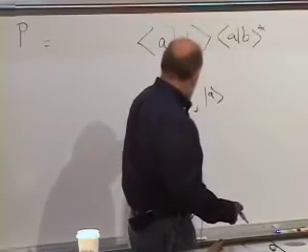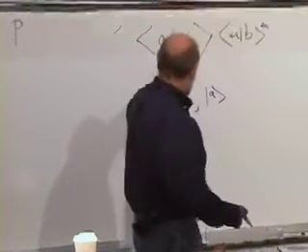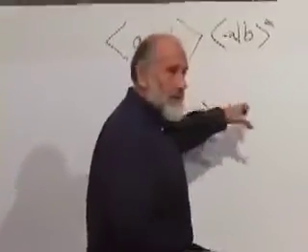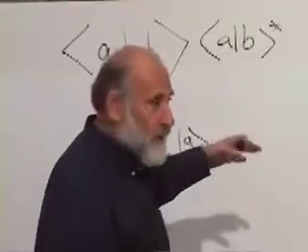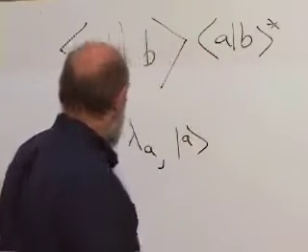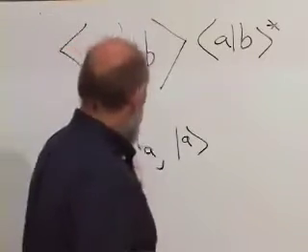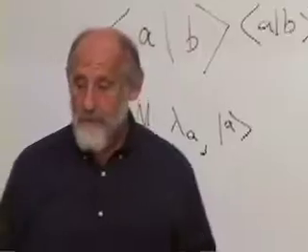Then the probability that you measure lambda A will be the inner product between B and A times its complex conjugate, a real positive number. I call it the square, but I mean times the complex conjugate of A with B. That's the probability.